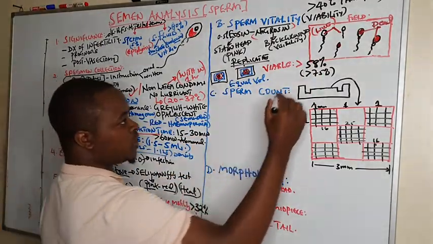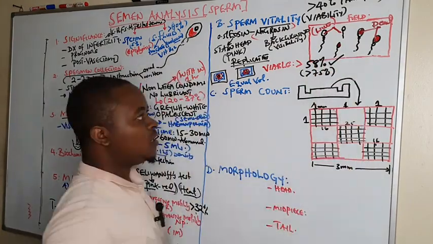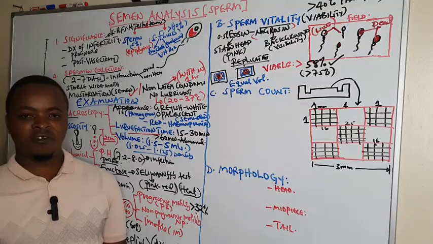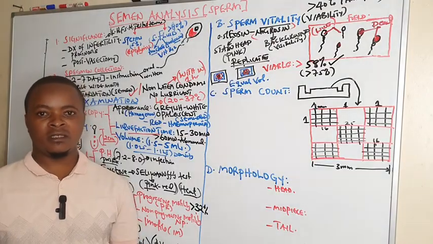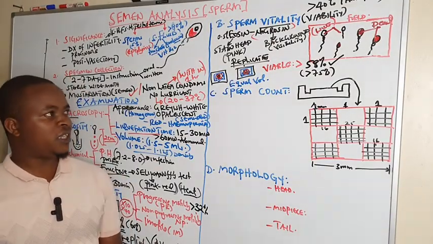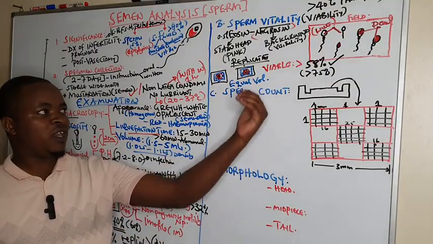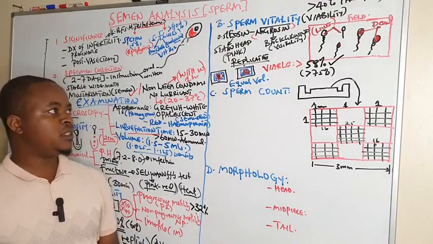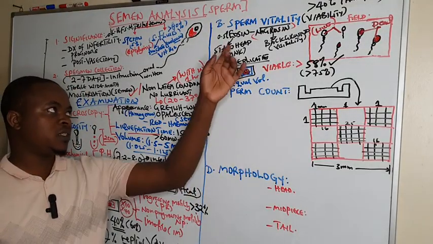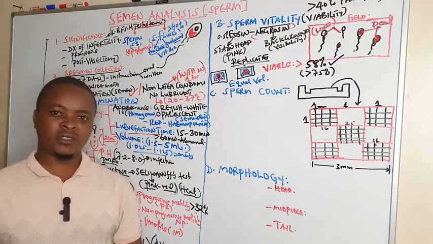But WHO 5th edition tells us that it should be greater than 58% for you to be fertile. So in infertile people, you find they have less than 58% viable sperms after staining with eosin.